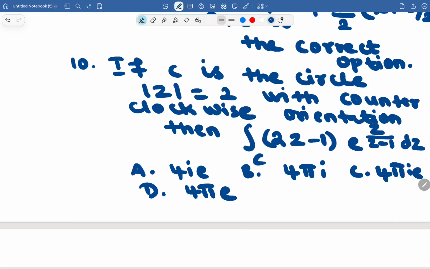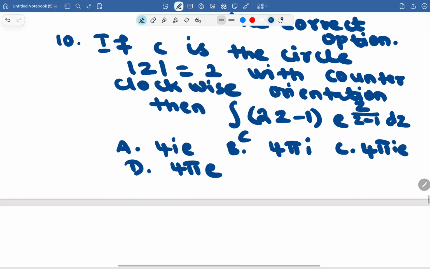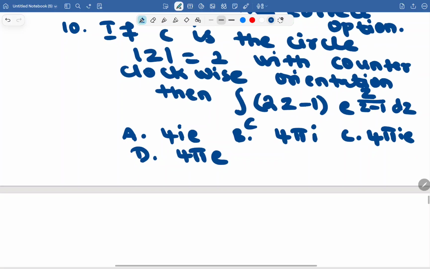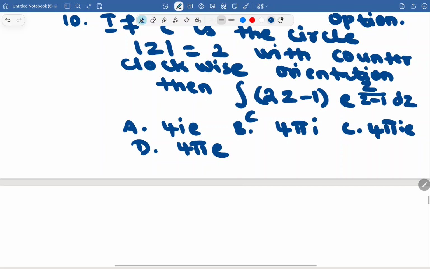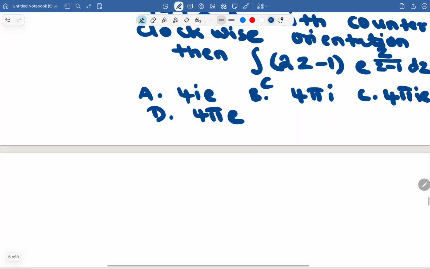The problem is from complex analysis. You have to find the value of the integral of (2z − 1) e^z / (z − 1) dz over C for the circle |z| = 2.